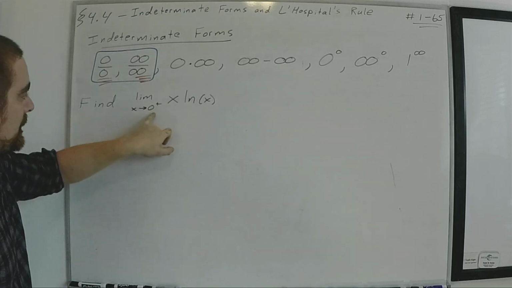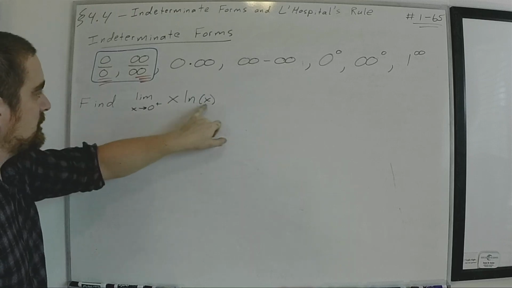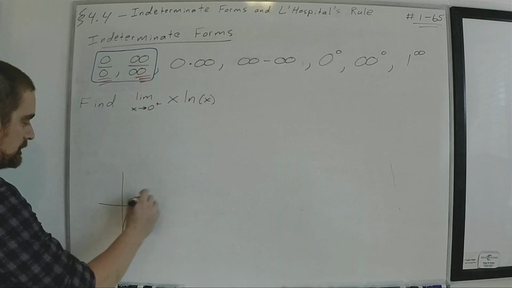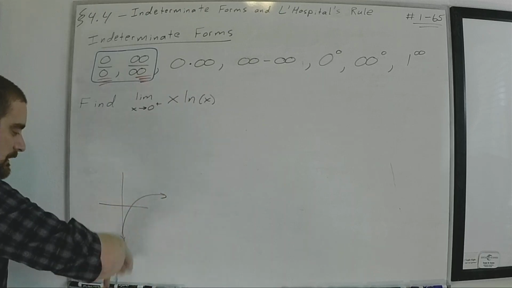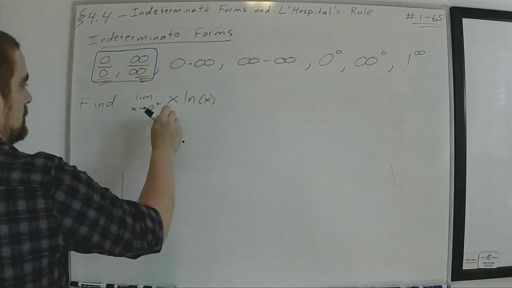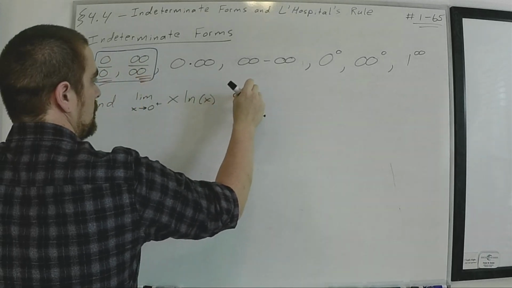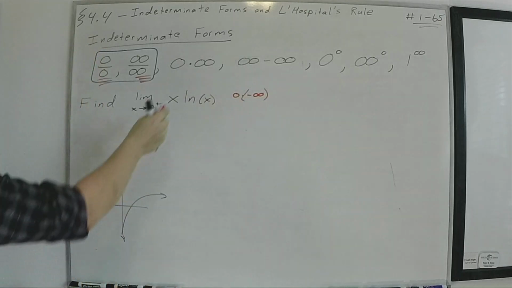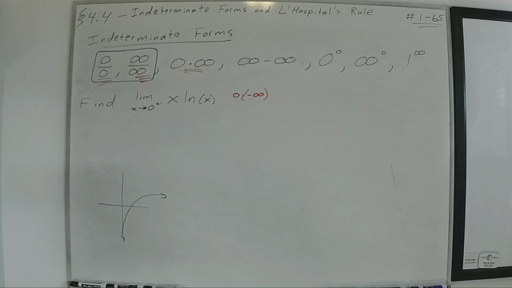But I plug in 0. If I plug 0 in for the natural log function, remember what the natural log function looks like as you approach 0 from the right-hand side. You're actually going down to negative infinity. So you're getting some sort of 0 times negative infinity, which fits one of these type of situations.